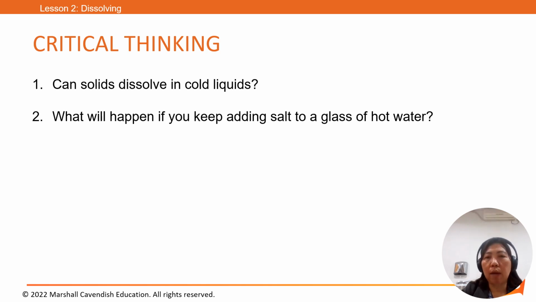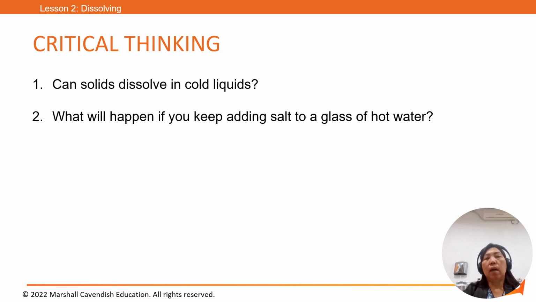So what will happen if you keep adding salt to a glass of hot water? What do you think? For example, you have dissolved salt and then you keep on pouring the salt again and again. Do you think the salt will continuously dissolve?